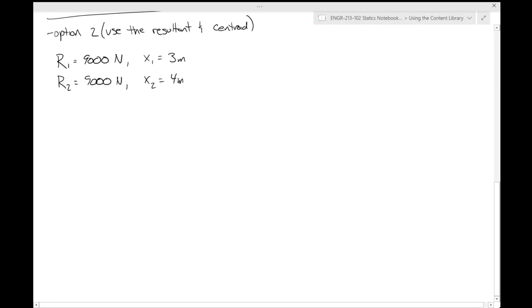So what I propose is we just use a single vector R. Just use a single vector of 18,000 newtons, but where do I put that R? Well, I put that R at its centroid. And so that's going to be R1 x1 plus R2 x2 over R1 plus R2.